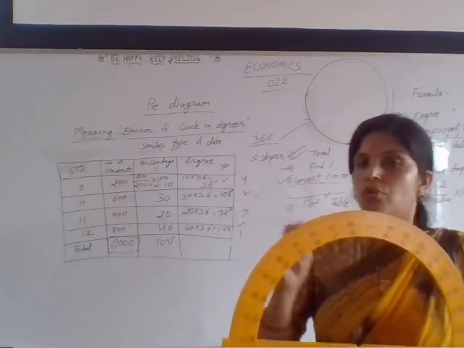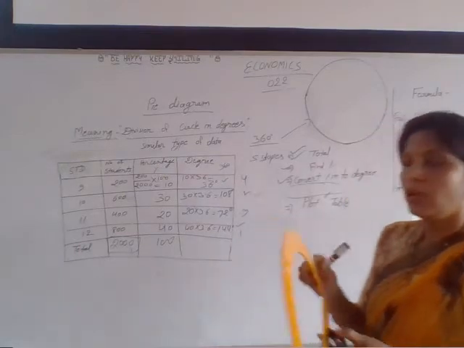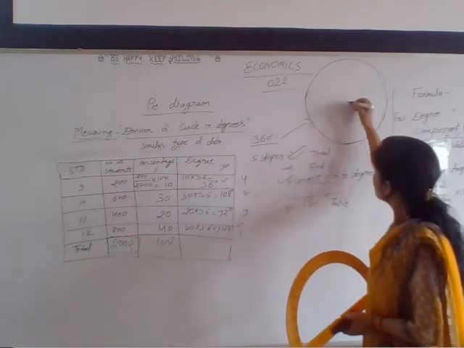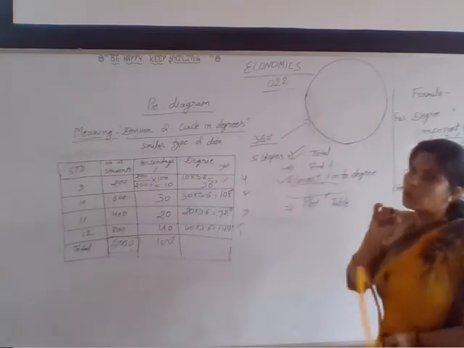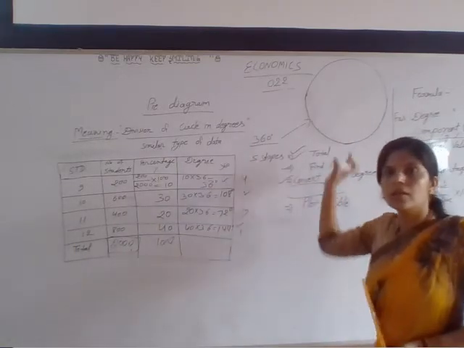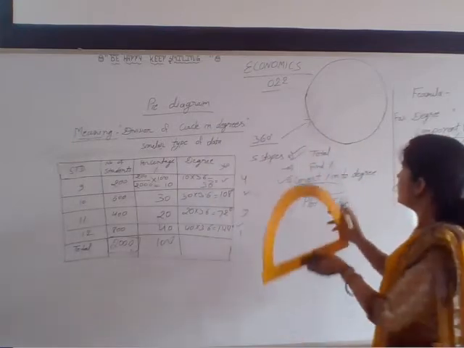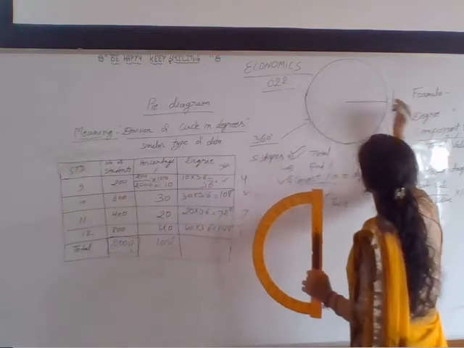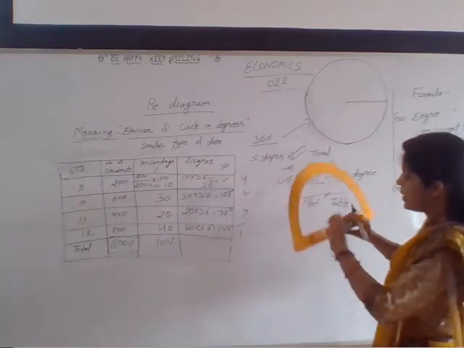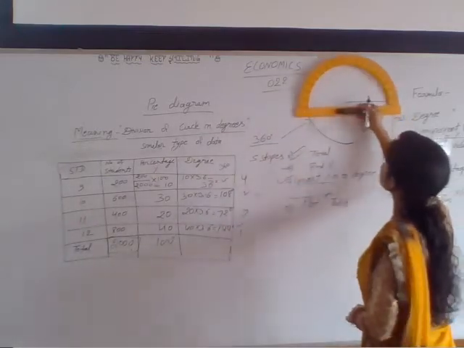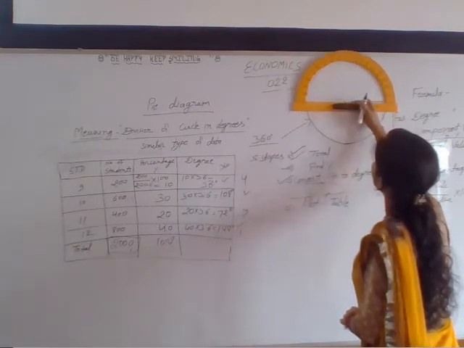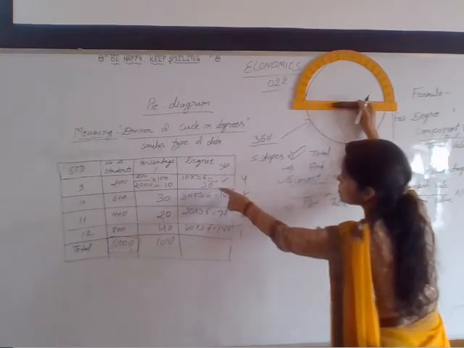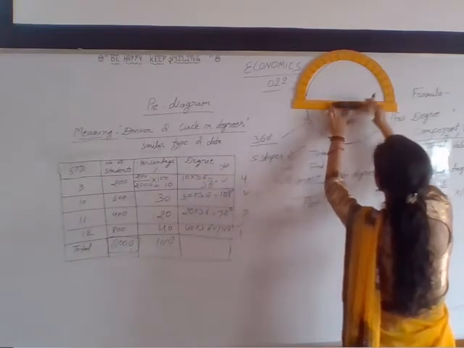First of all, according to this data, we just mark a dot in the middle of the circle. Then we will draw a line, and by this line, we use the protractor and measure the next value. What is the first value? 36 degree. So where is the 36?